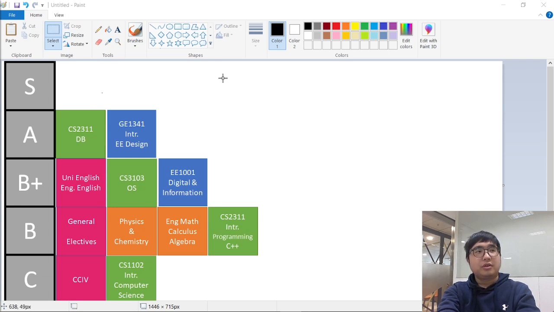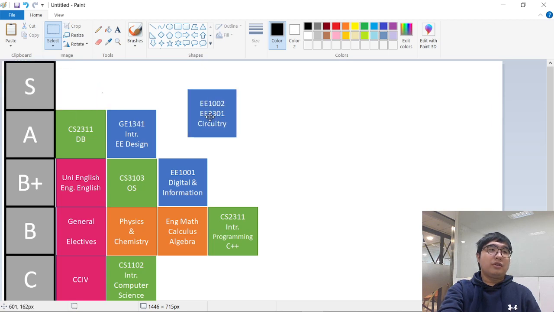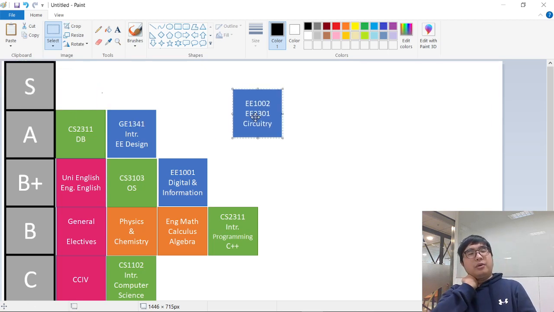So the last set of courses that you have to take in your first year is the circuitry courses, and I combined EE 1002 and EE 2301 together, since they're just circuitry one and circuitry two. Nothing else. You learn about voltage, capacitor, resistor, all that kind of stuff, which is pretty mid.